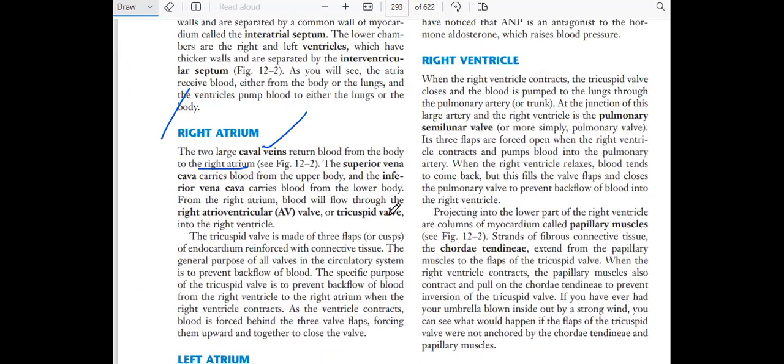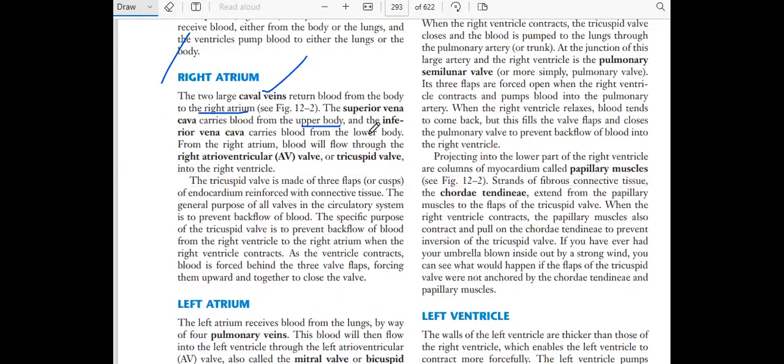Second thing, the superior vena cava carries blood from the upper body, and the inferior vena cava carries blood from the lower body to the right atrium. Blood will flow through the right atrioventricular valve, AV valve or tricuspid valve, into the right ventricle.